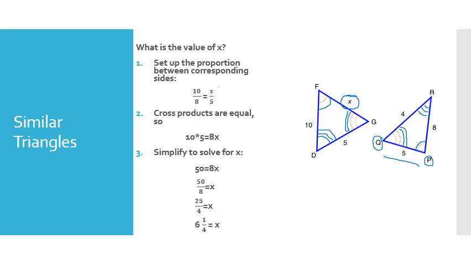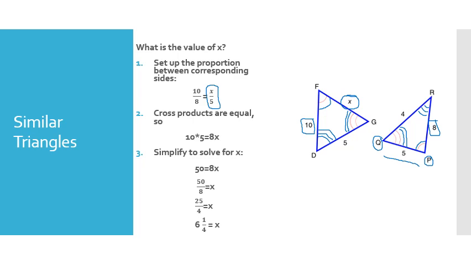So I've set up a little ratio here of X over 5. And I want to find another set of corresponding sides that have values so that I can figure out the value of X. So I've chosen this FD side, which is 10, and it corresponds to side RP, which is 8. So I've set this up as 10 over 8.